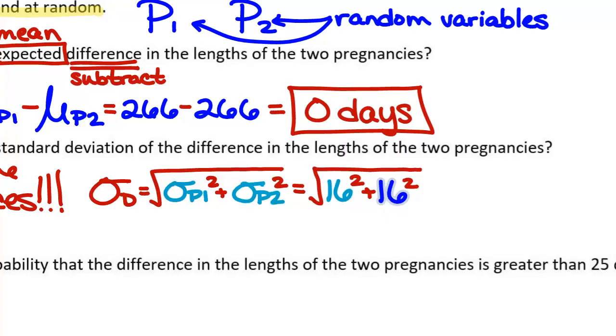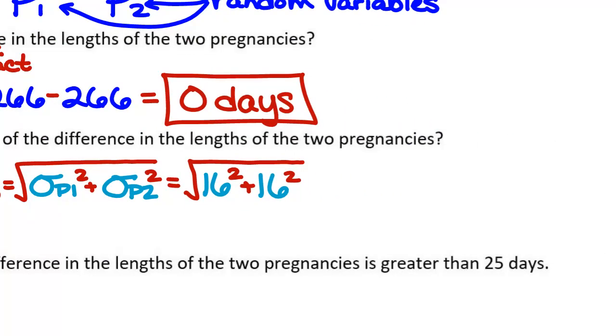What do we get when we do the square root of 16 squared plus 16 squared? You said 22 point what? 627.